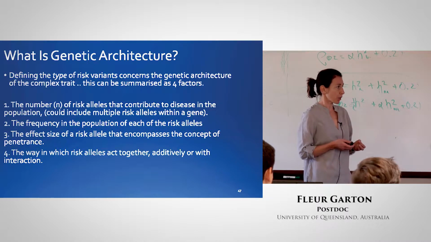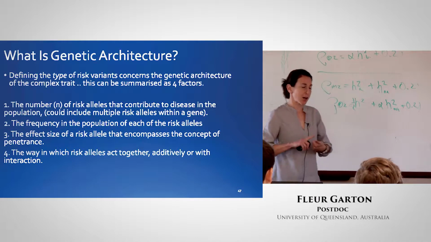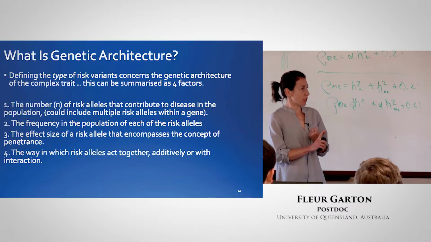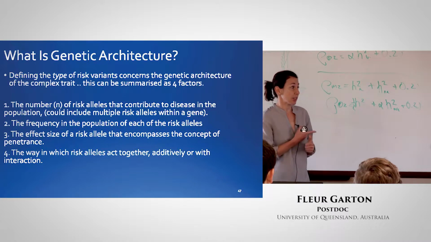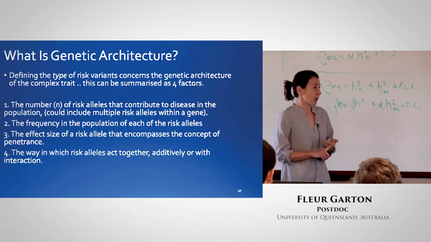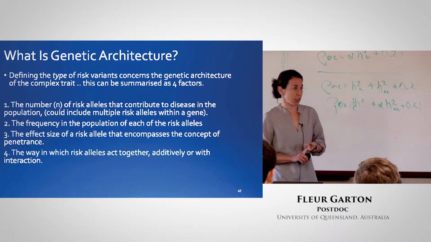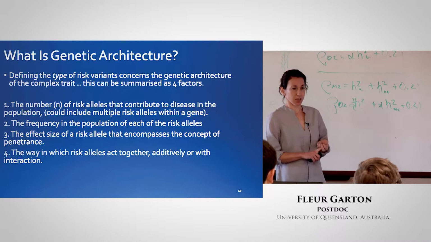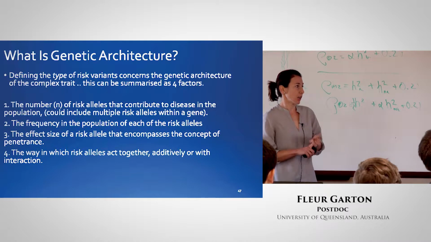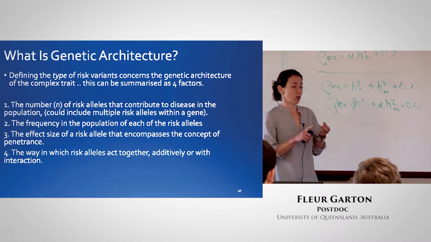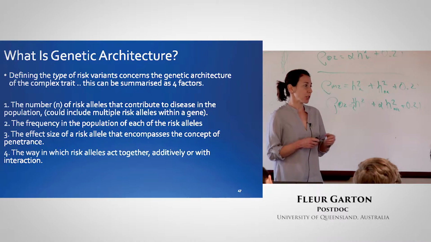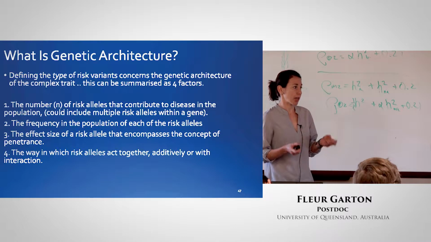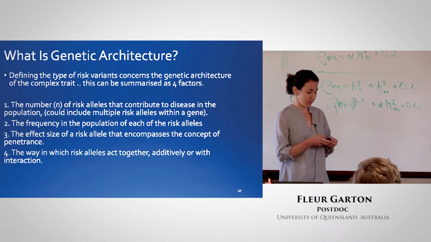And so how many risk alleles contribute to the disease in the population? And of course this could include multiple alleles within a gene. The frequency in the population of each of these risk alleles, the effect size of each of these risk alleles, and this also encompasses the concepts of penetrance, and so also the way in which risk alleles act together additively or with interaction.